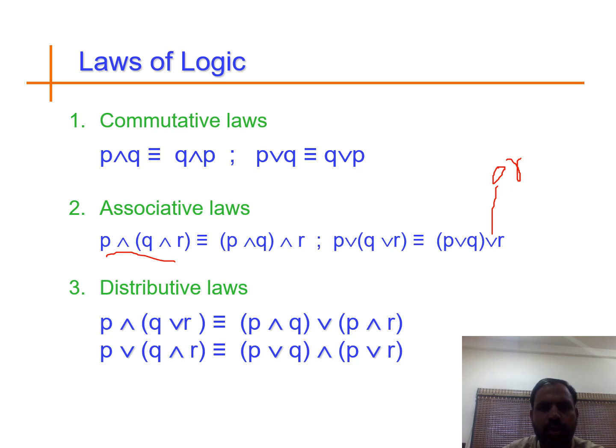P and Q or R is equivalent to P and Q or P and R. Similarly, P or Q and R is equivalent to P or Q and P or R.